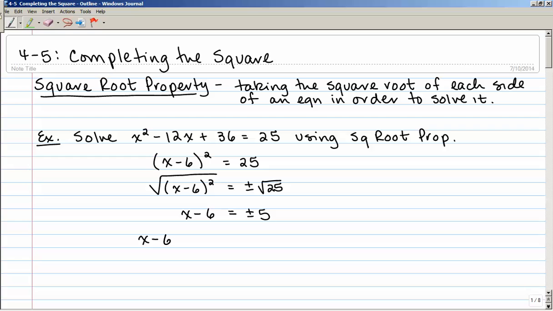So x minus 6 equals a positive 5, x minus 6 equals a negative 5, so x equals 11. Oops, I forgot the negative. I was going to say, and x equals a positive 1. Okay, so that's an example of using the square root property to solve an equation.